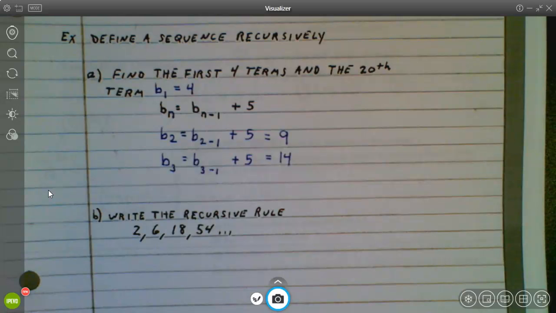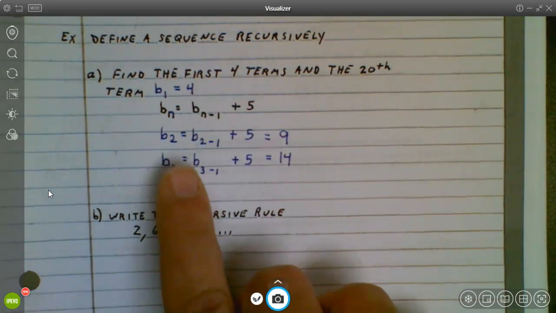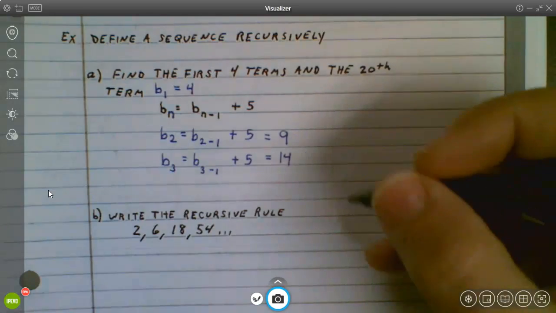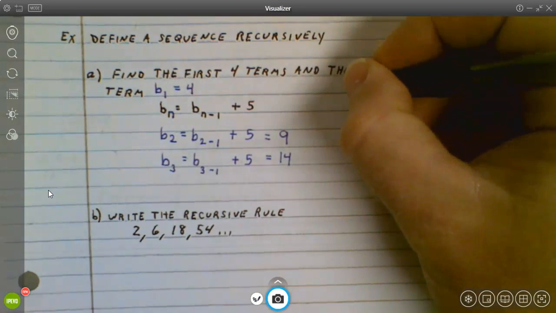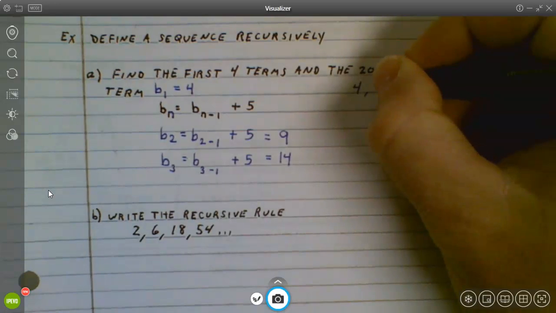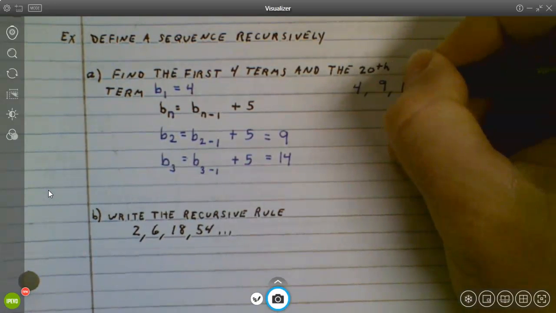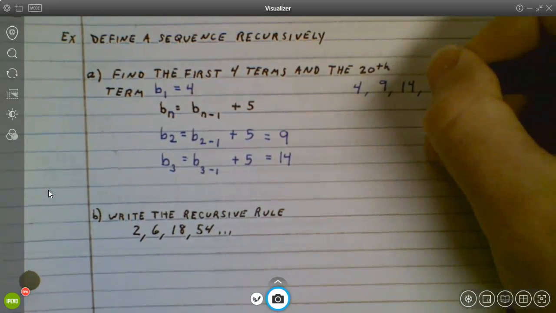So if I started laying them out this way, and if I really wanted the 20th term, what I would need to do with this is what I did up above. Once I started laying out the terms, like 4, 9, 14, and let me just throw one more in there just to have a fourth term.